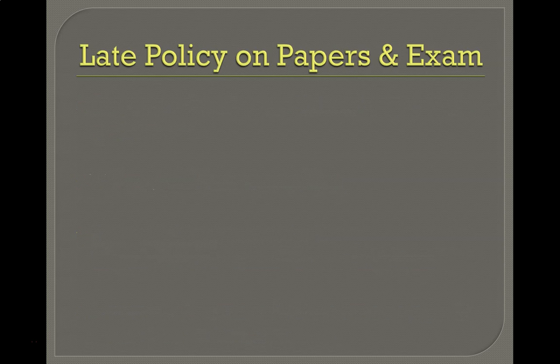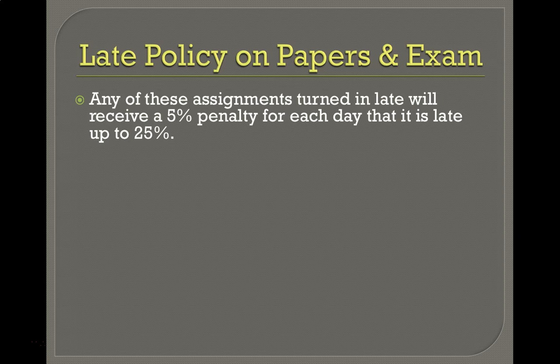Okay. Now, I have a slightly different late policy on papers and exams than I do on the regular weekly work and the discussion boards. So on papers and exams, any of these assignments that you turn in late will receive a 5% penalty for each day that they're late, up to 25%. Okay?